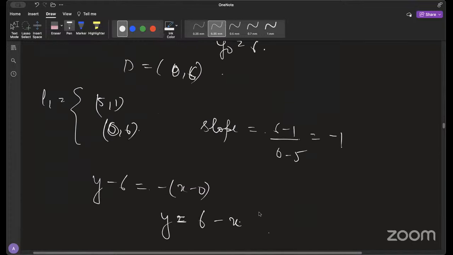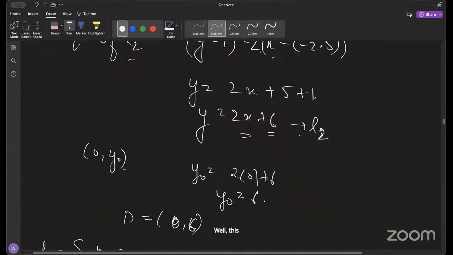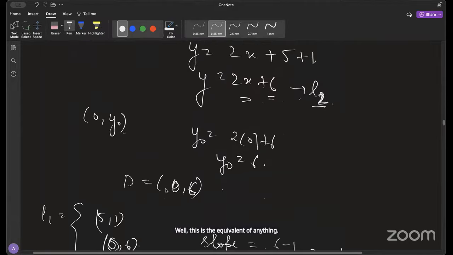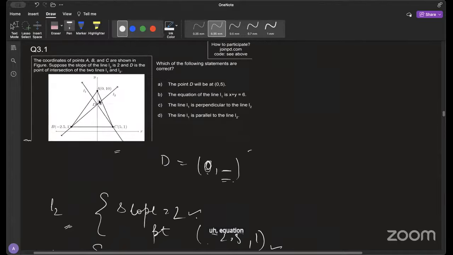So now you know the equation of L1. This is the equation of L2. You know the point and you know the equations for both of the lines, L1 and L2, and the point itself. So you know all the unknowns now.